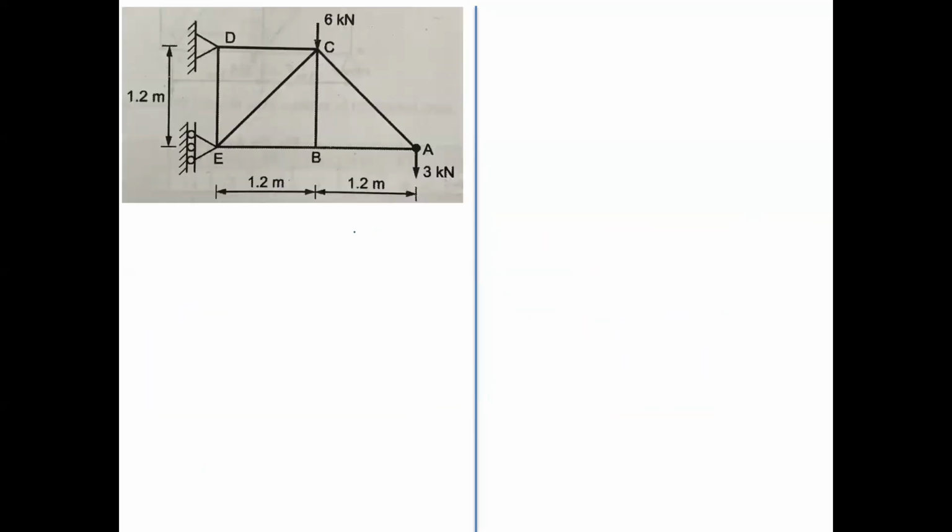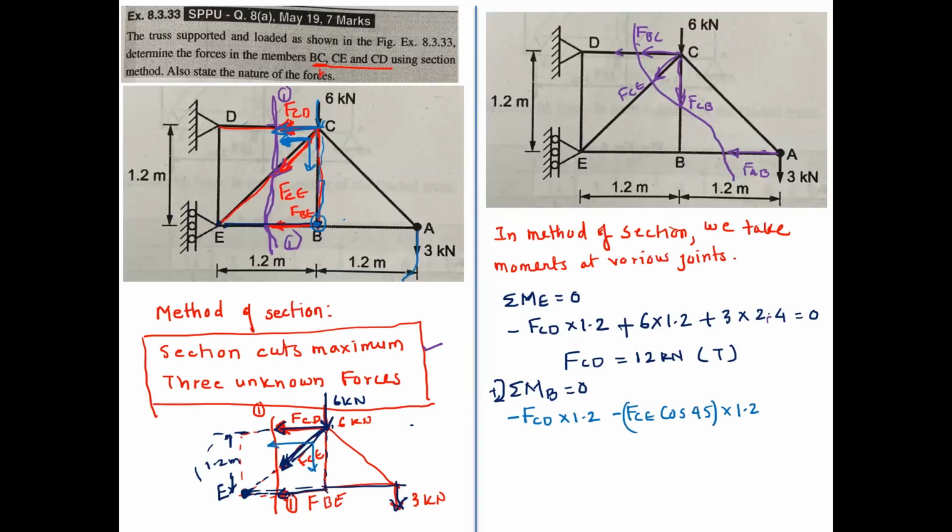Now after this, the 3 kilonewton force is clockwise, plus 3 into 1.2 with respect to B. We are taking moment about point B, so this is 3 into 1.2. Clear? So now the equation is minus 12 into 1.2 minus FCE cos 45 into 1.2 plus 3 into 1.2 equal to 0.